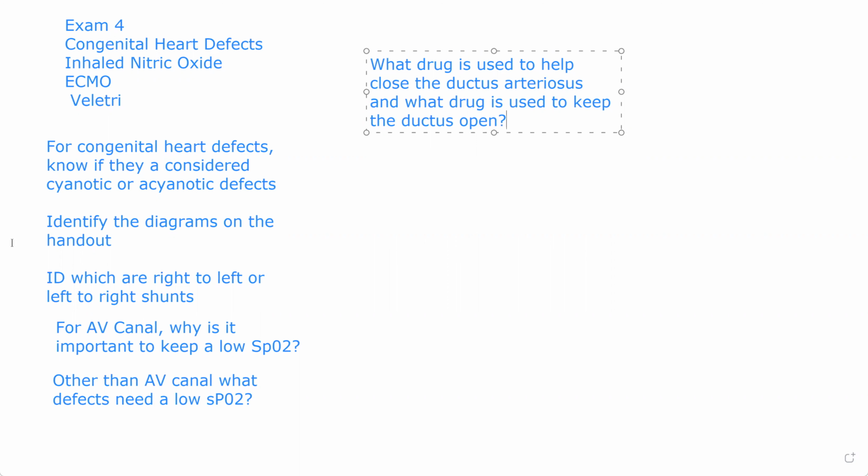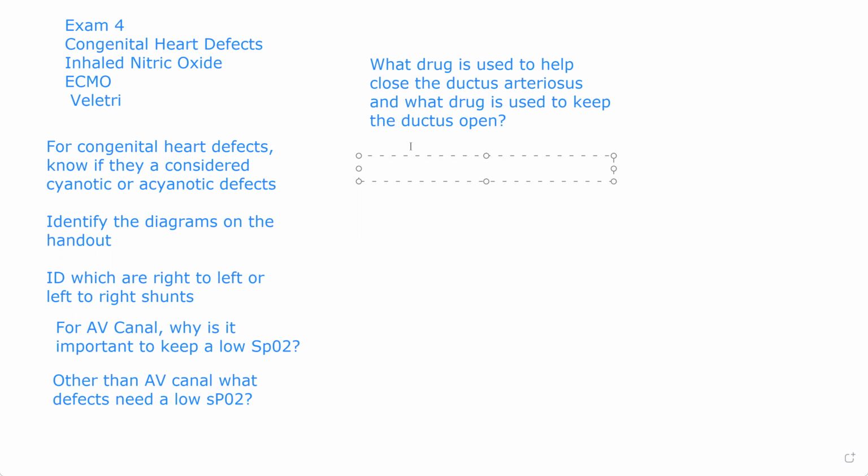Right, next specific question is treatment for TET spells. So when a baby is born with tetralogy of Fallot, the pulmonary artery didn't develop. So not only that, the aorta is taking blood from the right ventricle and from the left ventricle.